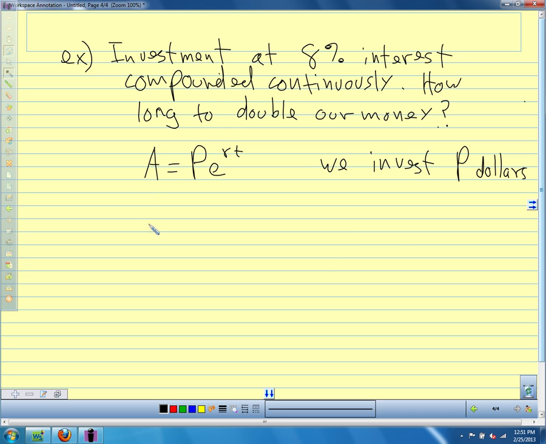So we want our amount to be 2P, so we're going to say 2P equals PE, and our rate is 8%, so 0.08 times T. What can I do with these P's that are on either side? Divide everything by P, and I get 2 equals E to the 0.08 T.